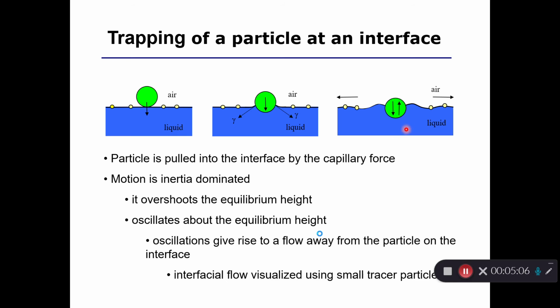Because of this, the particle will try to go up, and this continues for a while until the particle becomes stable by the viscous force acting on the particle. So this oscillation up and down induces a flow on the liquid surface, which drives away the surrounding smaller particles.